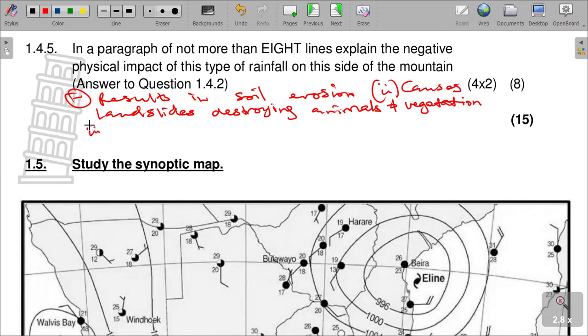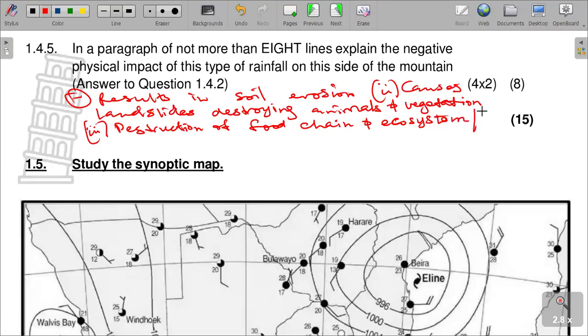And then we can also talk about destruction of food chain and ecosystem, habitat destruction, and loss of biodiversity.